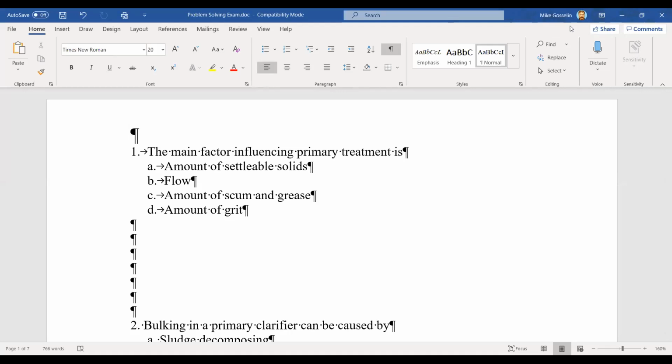Just bringing up the chat box, so keep an eye on that. Excellent. All right, so let's start going through these. The main factor influencing primary treatment is... everybody can type in an answer or chime in with your microphone, whichever one is more comfortable and easy for you.